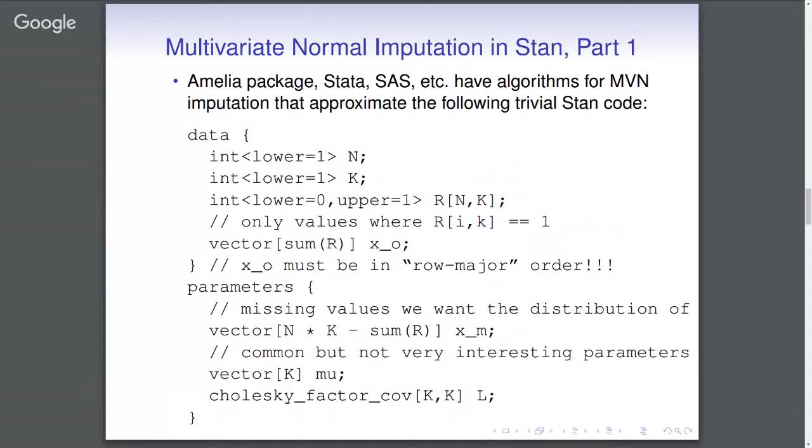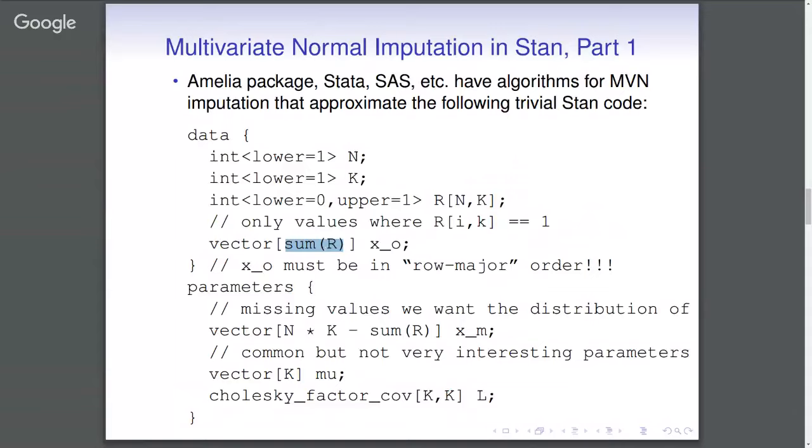And then we have a long vector of observed values on X. So the number of observed values on X is the sum of the R array. And we're just going to string those out in a long vector, passed in from R.